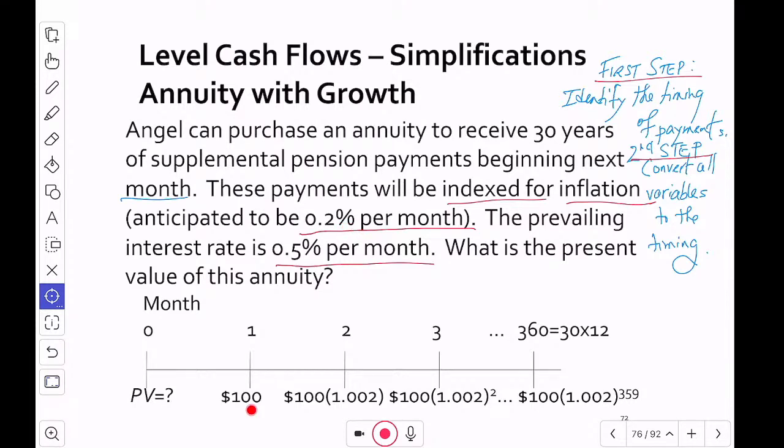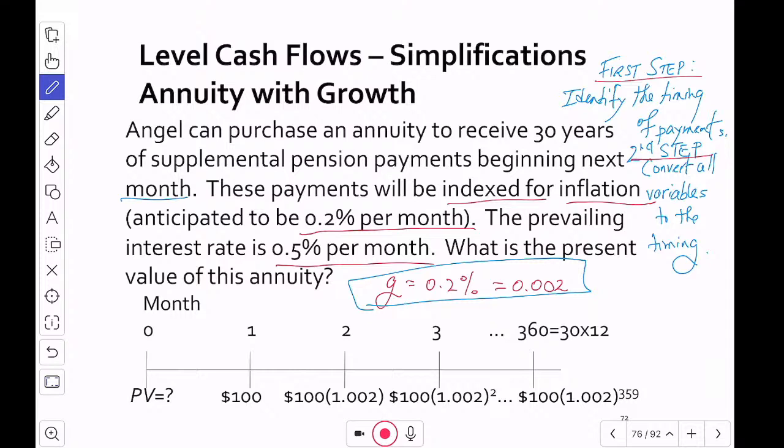So we put 100 here, and then we say, well, it's going to grow by a growth rate of 0.2%. You have to be careful because 0.2% growth, you'd have to put 2 zeros in front of it and 2. So you can write it as a percentage or a decimal.